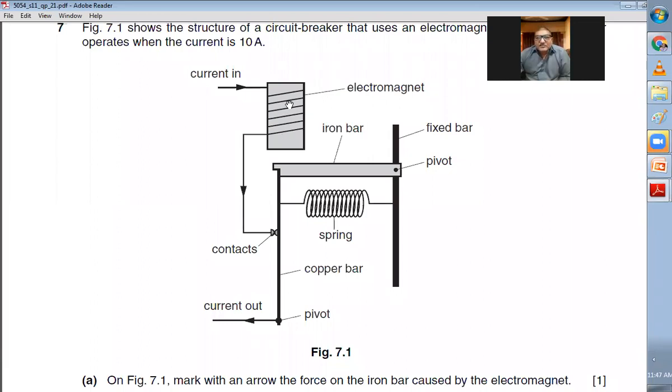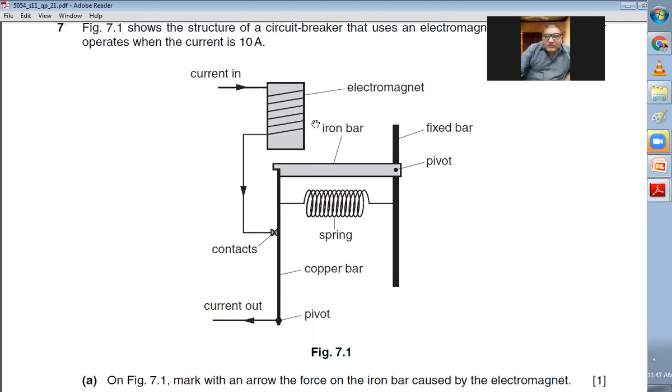When the current is more than 10 ampere, the electromagnet which is formed here will be very strong. Its attraction to this iron bar will be strong enough to lift its weight. So the force of attraction between that electromagnet and this iron bar will be more than the weight of the iron bar. So this iron bar will move upward.